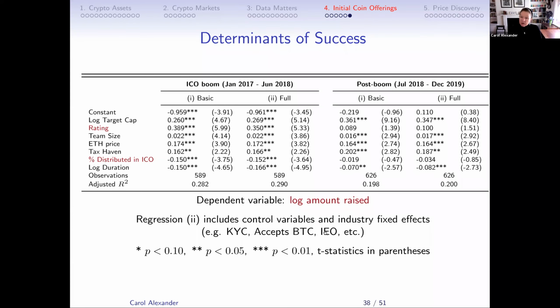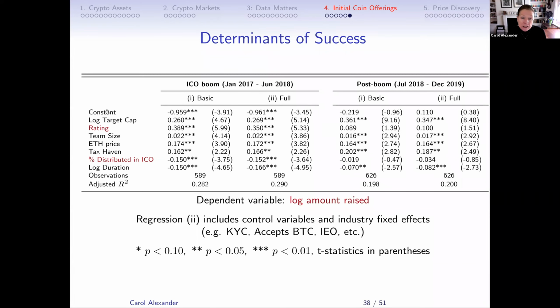As I said, a lot of the ICOs are now classified as IEOs. There are also security exchange offers. There are lots of subcategorizations that we looked at, but none of those are important. That was just controlling for those effects. Maybe now, in the later period, the IEOs, with the Binance stamp, are more likely to be effective, but we're controlling for those because it's not in the full sample.